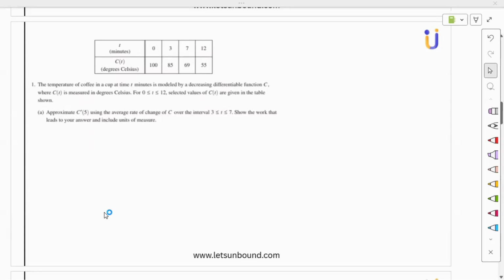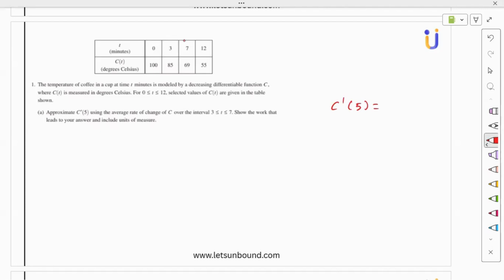Approximate C prime of 5 using the average rate of change of C over the interval 3 to 7. Show the work that leads to your answer and include units of measure. The average rate of change is the slope formula for a secant line. So C prime of 5 can be approximated by applying the slope formula where your 5 falls between.